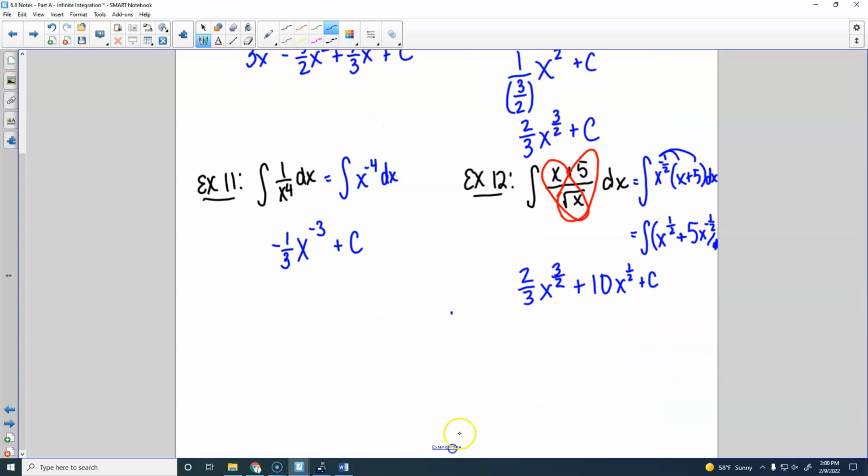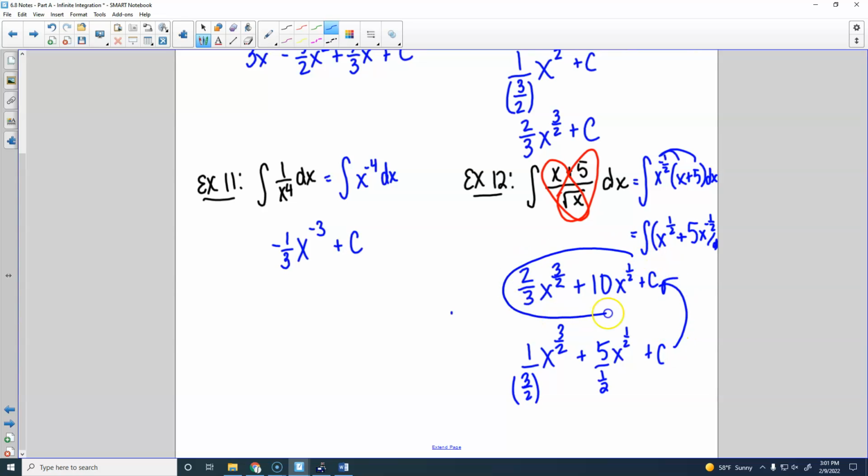Now, if you need an extra step there, we got 3/2, and it was 1 divided by 3/2 here for that first one. And then for the second one, whenever you add 1 to the negative 1/2, you get a 1/2. And then it's 5 divided by the 1/2. 5 divided by 1/2 is 10 plus c on the end. It's going to give you this here.